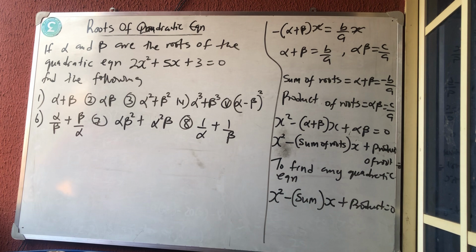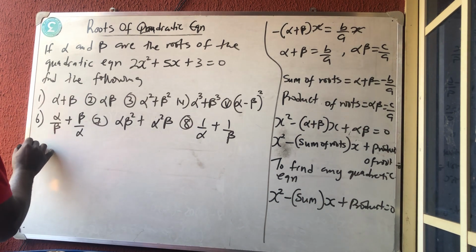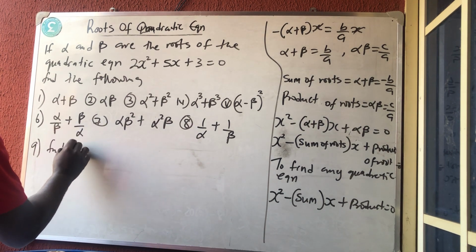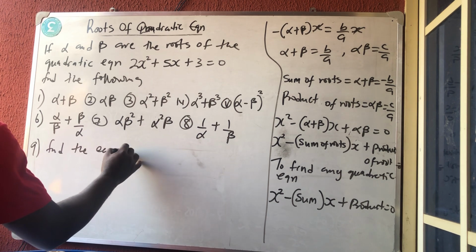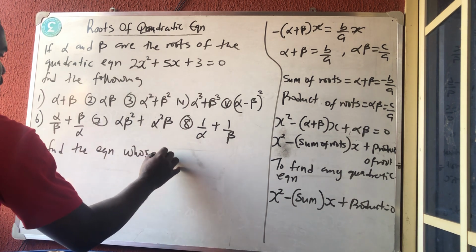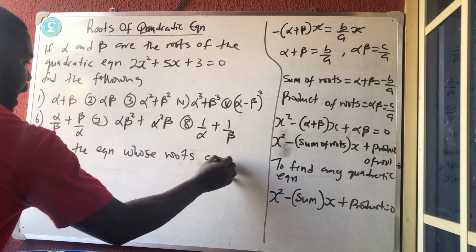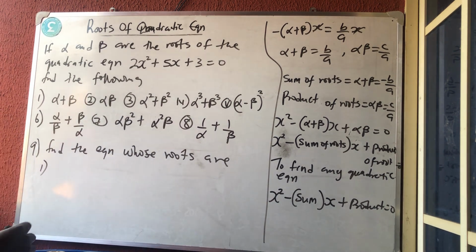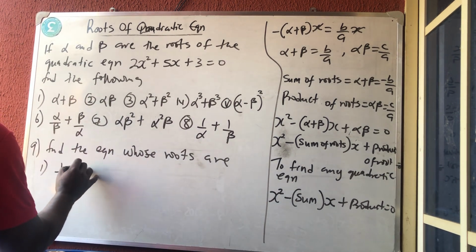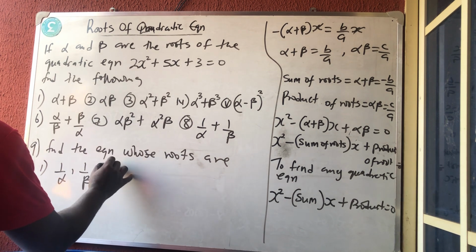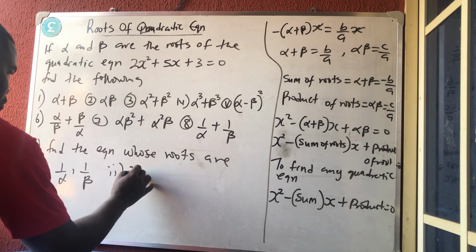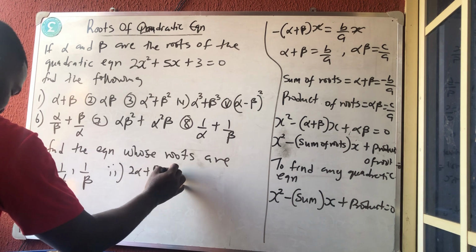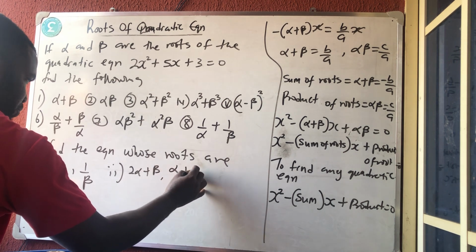Number nine, find the equation whose roots are: one, 1 over alpha and 1 over beta; two, 2 alpha plus beta and alpha plus 2 beta.